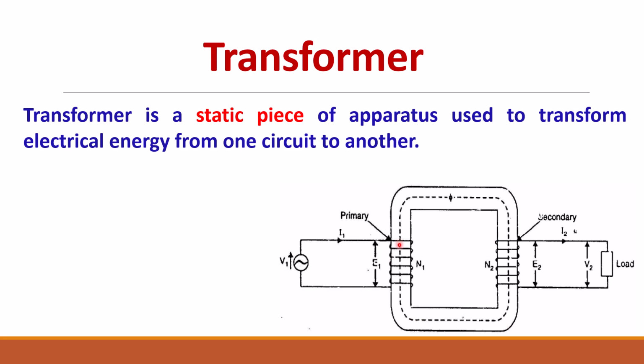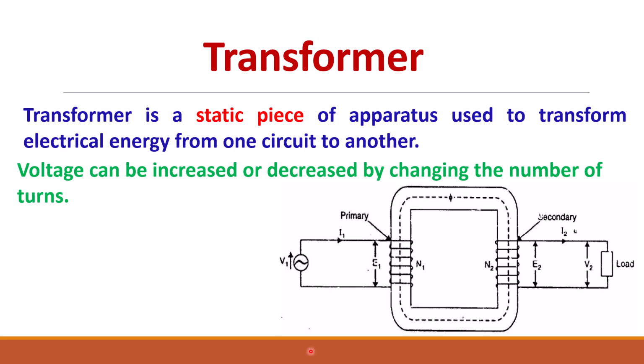The first winding to which the input is connected is called the primary coil, and the second is called the secondary winding. So a transformer is a static piece of apparatus, because there is no moving part, it is fixed, which is used to transform electrical energy from one circuit to the other.